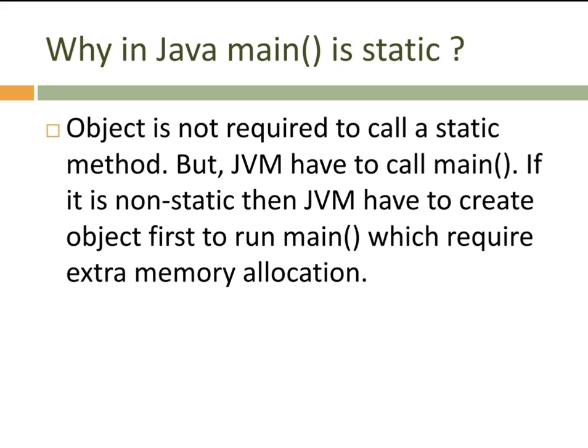For avoiding this, because memory allocation is needed, we already have main as static so that JVM can run it directly. We are not supposed to create any object for running that main function. A normal person can run a main function without creation of an object. In the same manner JVM can run the main function automatically. That's why main is static.